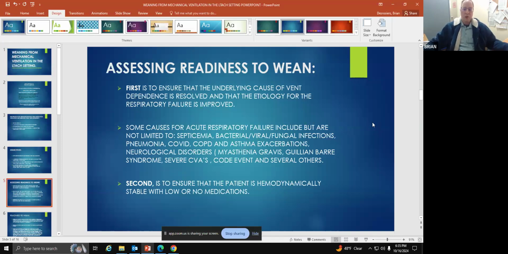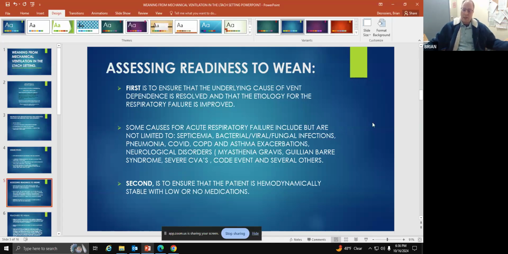If it's a neurological disorder, there are some that our patients are able to wean from, and some that are not. The ones that are not, such as ALS, that's a progressive neurological disorder. If somebody is on a vent because of that disorder, it's just going to progress. We're not going to be able to wean them.